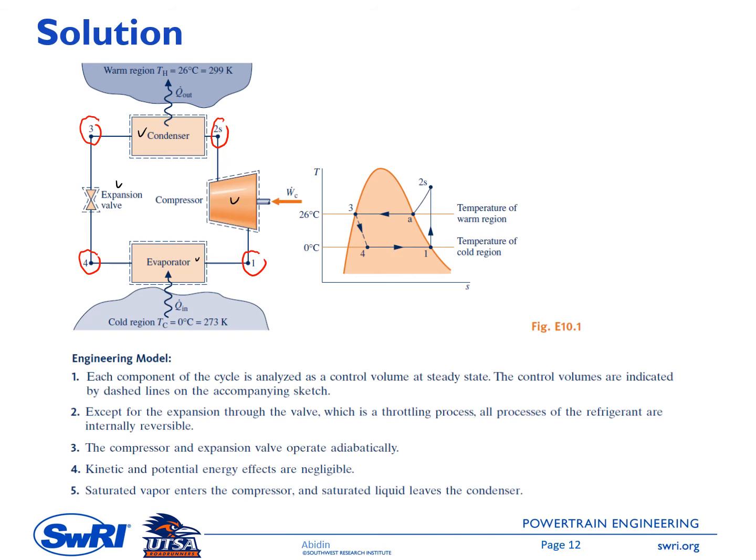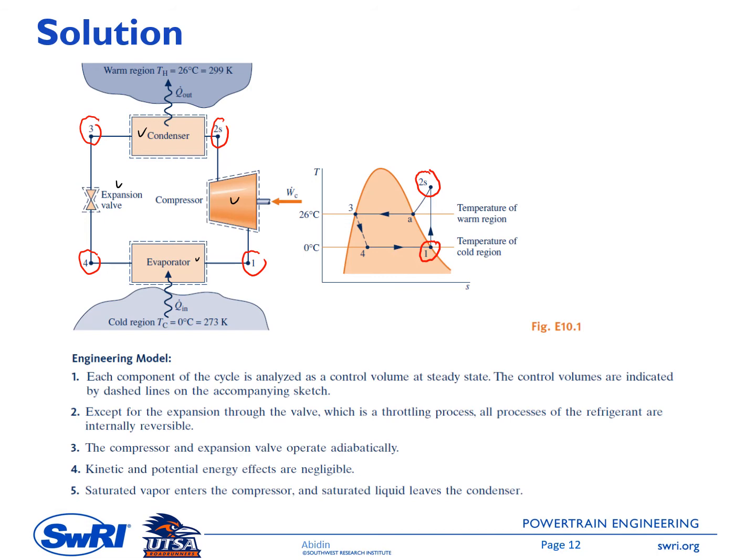We have point 1. It is mentioned in the problem statement that point 1 is a saturated vapor, so it is right at the dome line, and then it is connected to point 2S by a straight vertical line because it's an isentropic process, so S1 equals S2S.